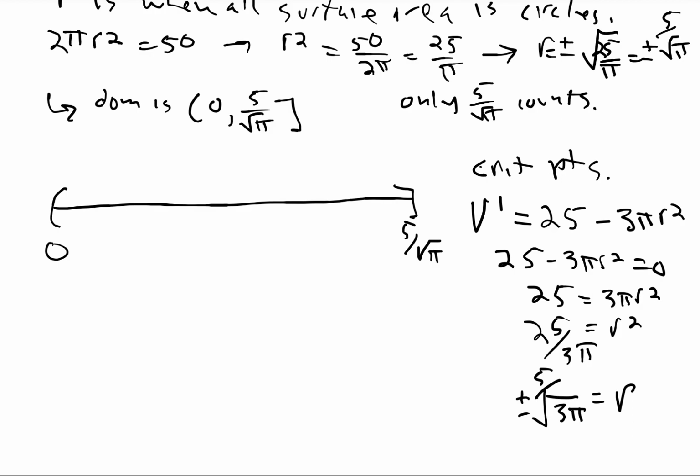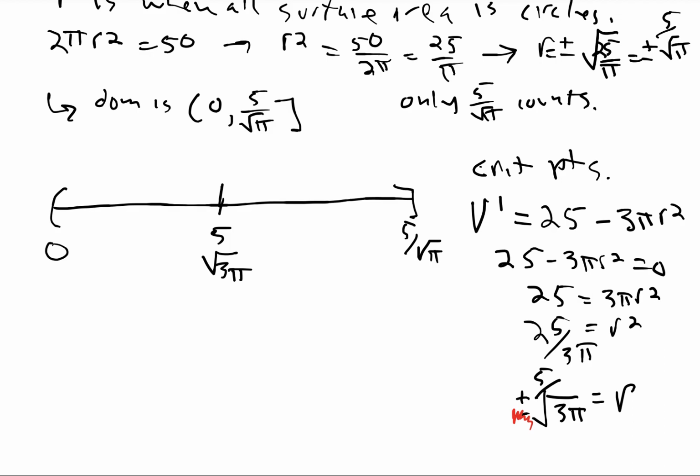But our domain doesn't include the negative value, so we'll not worry about that one. We'll just focus on the positive value. This fraction, 5 over root 3 pi, is what I'm worried about.